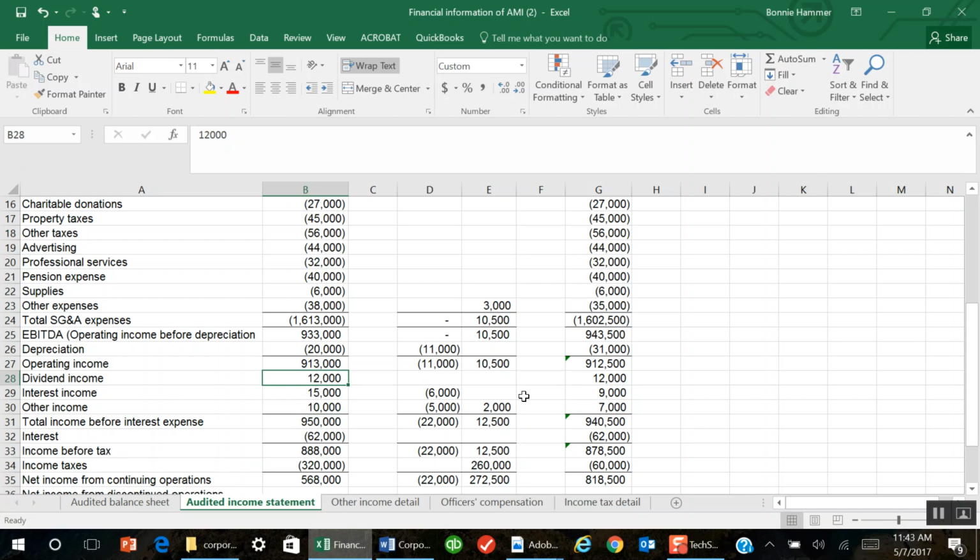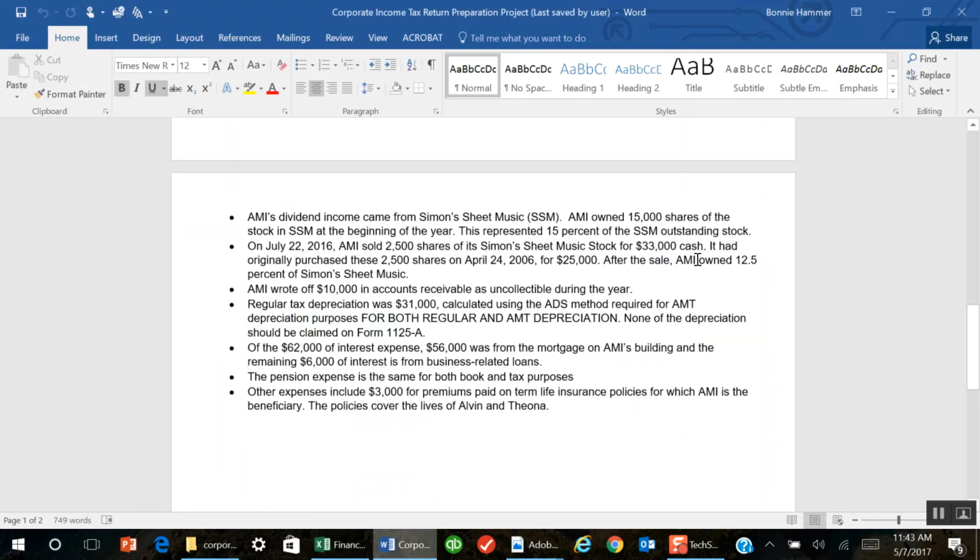And we know that for companies that we own less than 20% of the stock, we get a 70% dividend received deduction. And if you read carefully, you would know that after the sale, they only owned 12.5%. Actually, before they sold it, they only owned 15% of the total stock outstanding of Simon Sheet Music Company. So even before they sold it, they would still only get a 70% dividend received deduction.